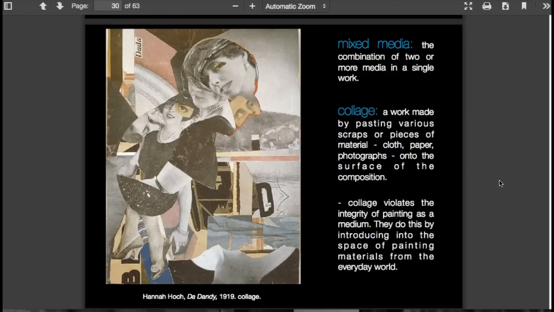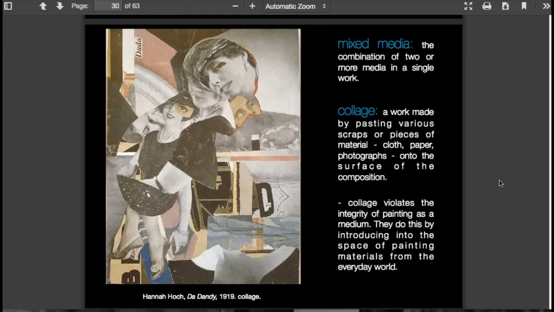surface of the composition. And I've categorized mixed media and collage under painting because it has an interesting relationship to painting, because it violates the integrity of painting as a medium. And it does this by introducing into the space of painting, what we're used to seeing as painting, materials from the everyday world.